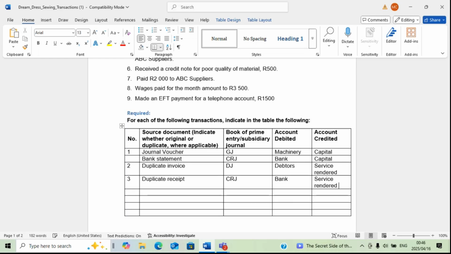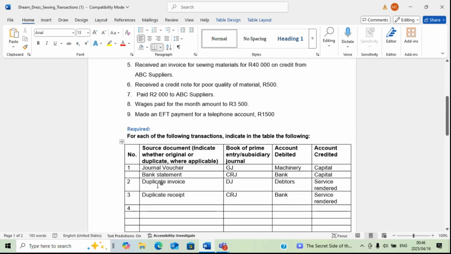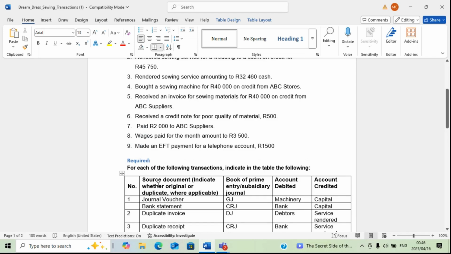Because service rendered is an income account, and whenever income increases, we credit, right? So that is how you're supposed to record our transaction number 3. Okay, and then our transaction number 4. Let's go and check up there what transaction number 4 requires us to do.